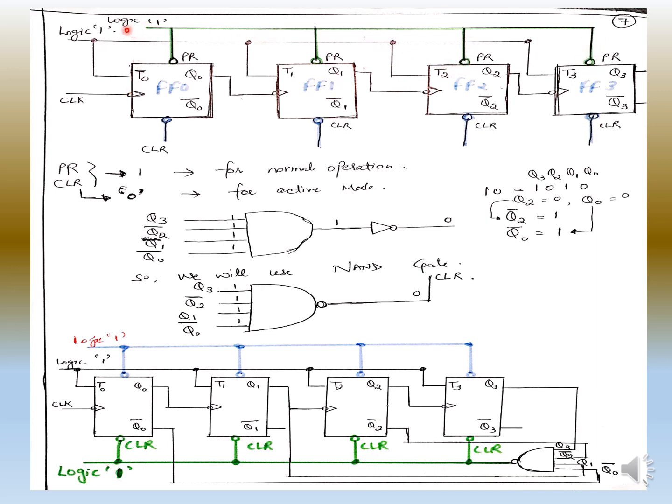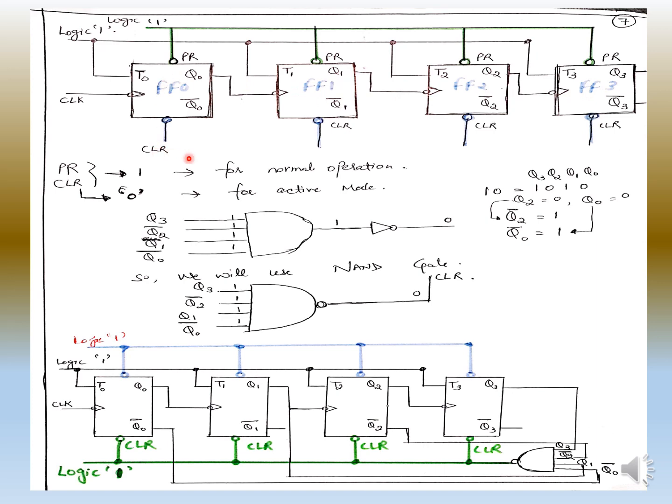That means if we are applying 1 here, then 0 is going inside, so there is no meaning of preset. If it is 0, it is not going to affect this flip-flop. Clear also: if we are giving 1 here and 0 is going inside, there is no effect on this flip-flop for clear.